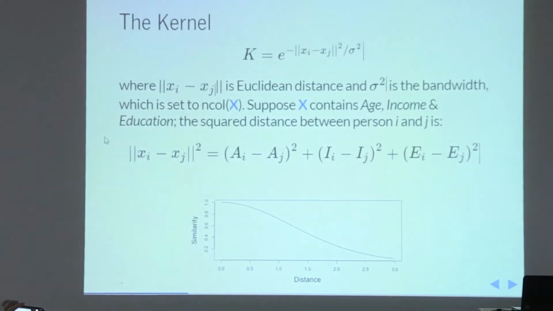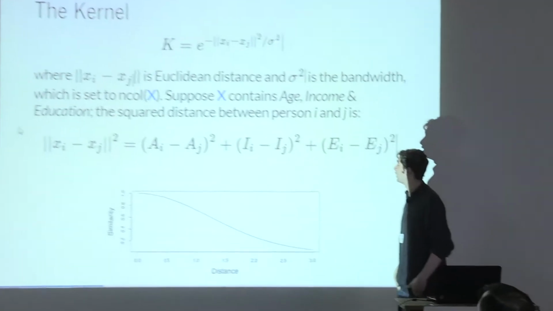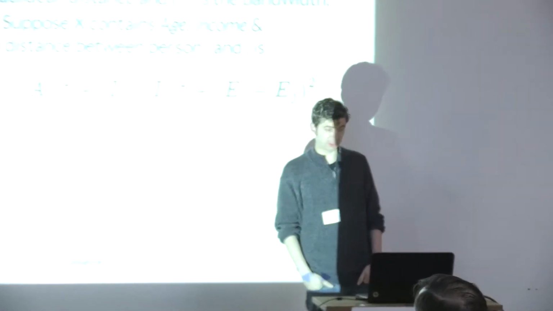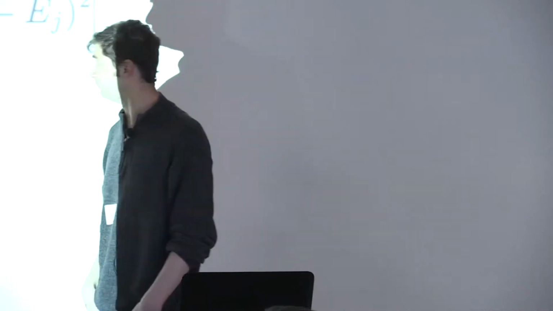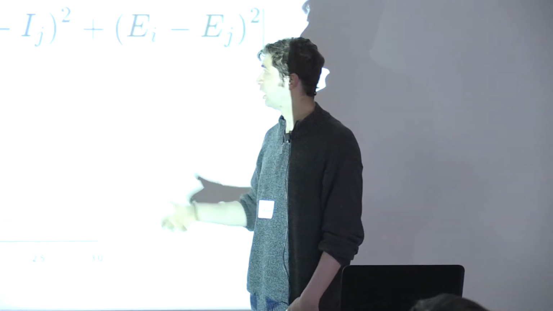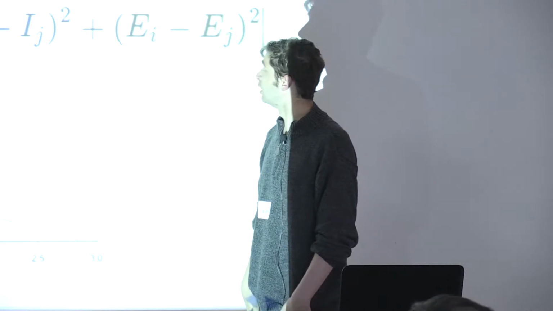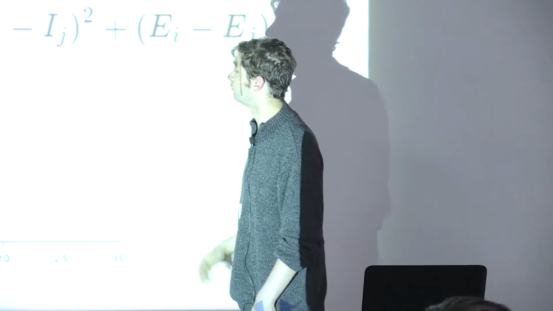So this is Gaussian in the sense that this looks an awful lot like what happens when we have a probability distribution that's normal. If you had the 2 there, it would look identical to the typical setup. But all we're doing here is looking at the Euclidean distance between each observation, and then we're going to use that to build a similarity metric.